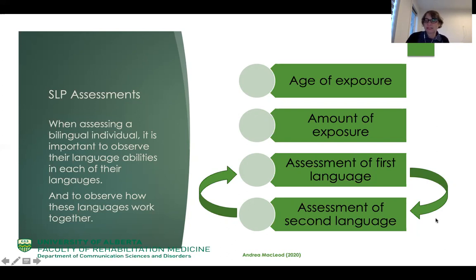And these assessments need to be adapted to the language context. As you'll see later on, the tools aren't always available in each of the person's languages, nor are they available for the dialect that the person speaks. So it's important to keep those considerations in mind and really do the best we can to capture information about both of their languages.